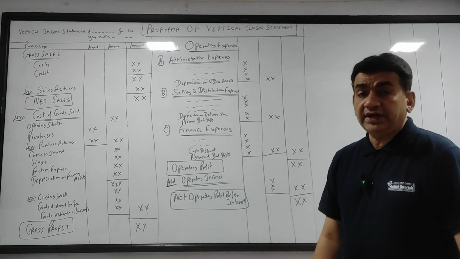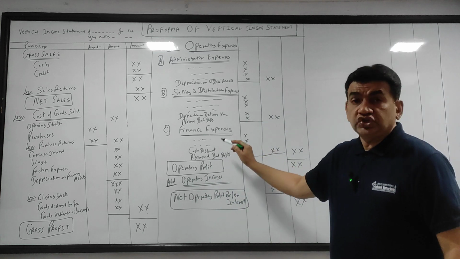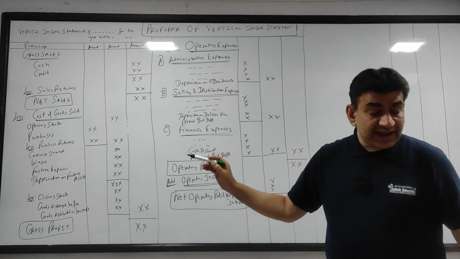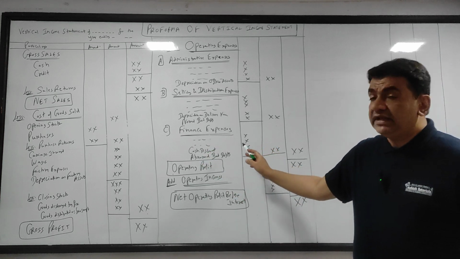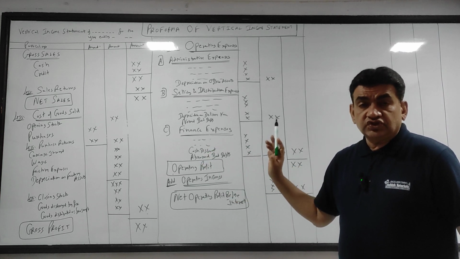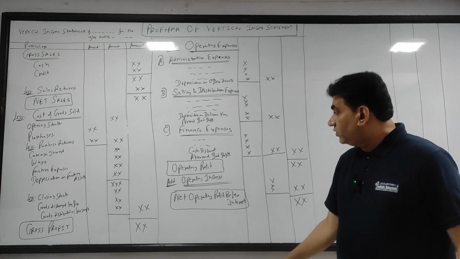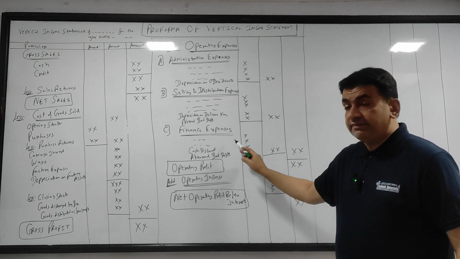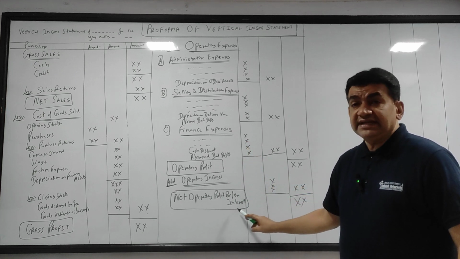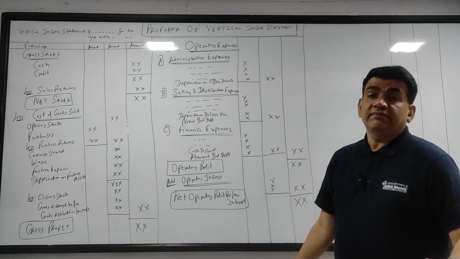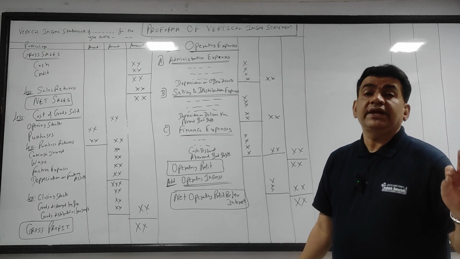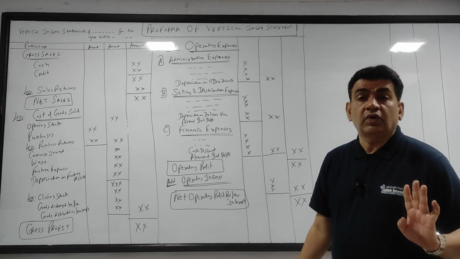Now remember what I told you. Interest on short-term loans, interest on bank overdraft, all will come here. So this is interest paid, but interest normally paid on long-term borrowings.